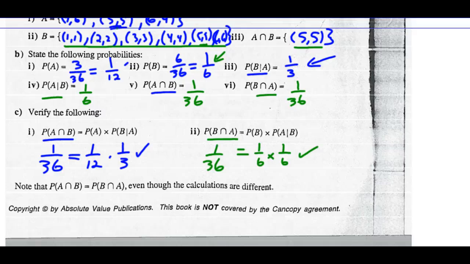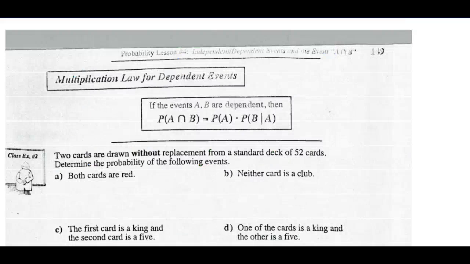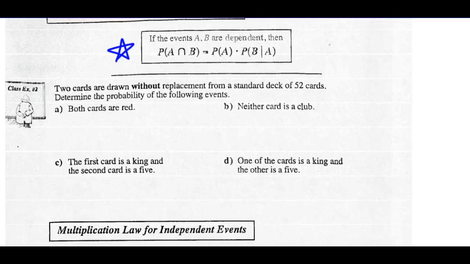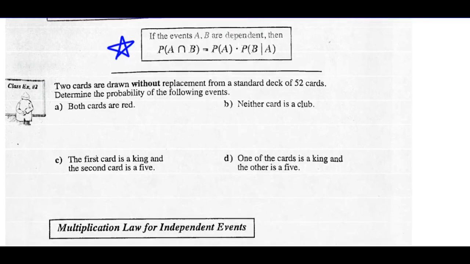That means at the top of the next page, if the events A and B are dependent, then the probability of A and B, A intersect B, is probability of A times the probability of B given A has occurred. All right. Again, that's a formula on your formula sheet. We just have to know when to use it.